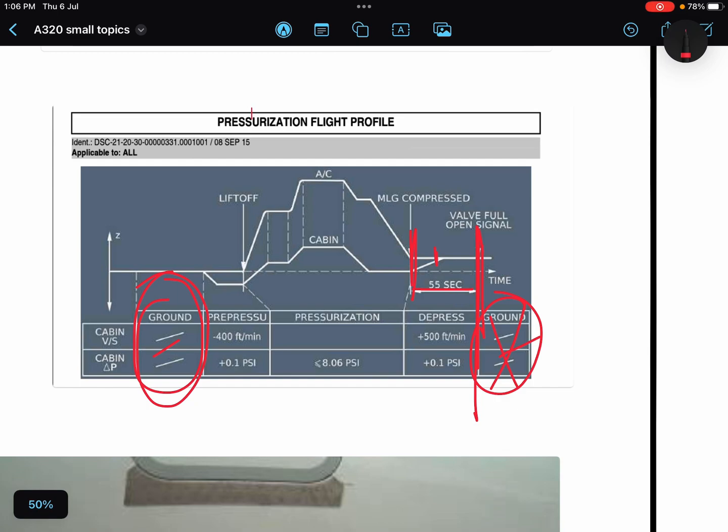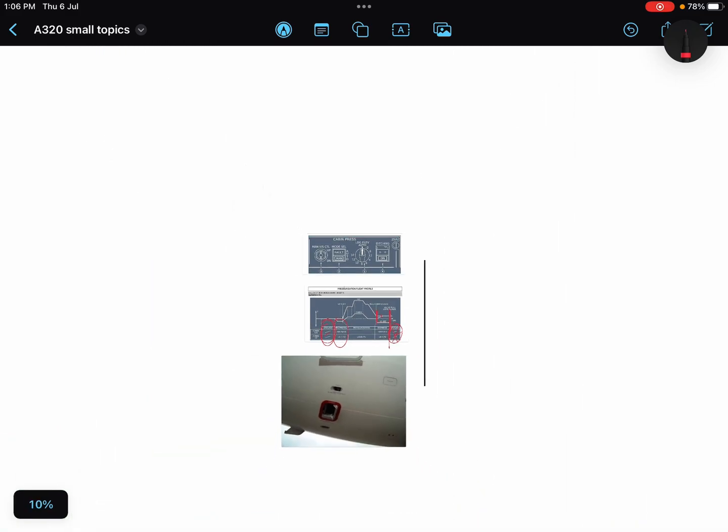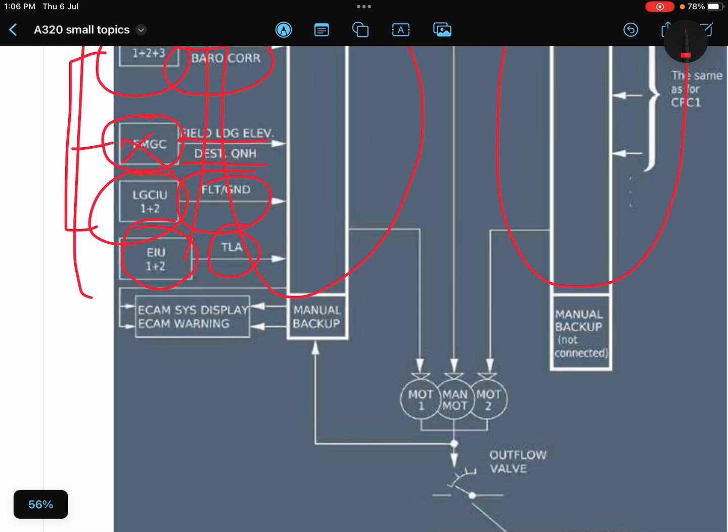Now during takeoff, to avoid any pressure surge or bump at rotation, the cabin is pre-pressurized when the thrust levers are advanced. Do you remember that this CPC takes information from the thrust lever angle also, from the EIU? Whether the aircraft is on the ground or in flight, this information is taken from the LGCIU.